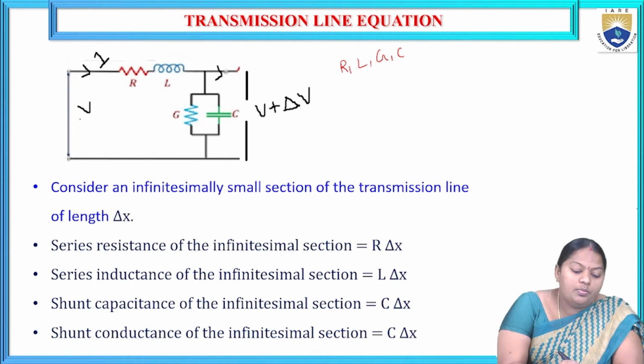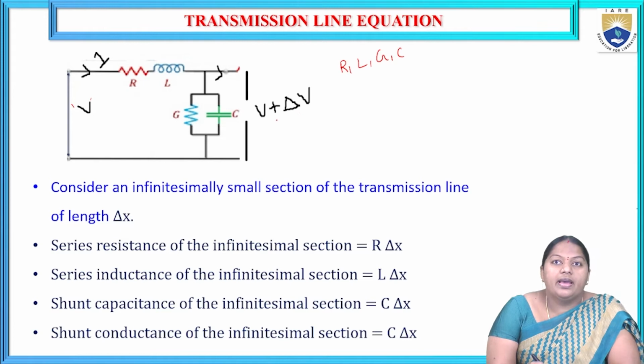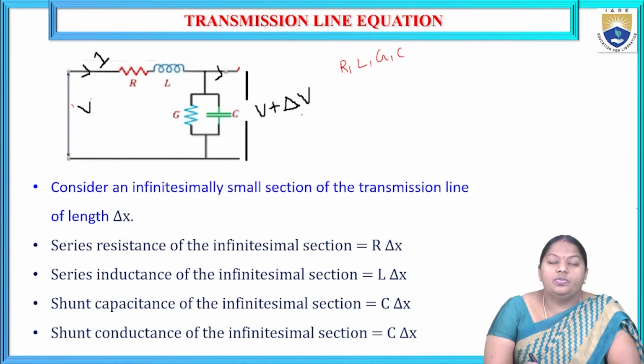In this, the input voltage is given by V and the output voltage is obtained as V plus delta V, where delta V is the change in output voltage.